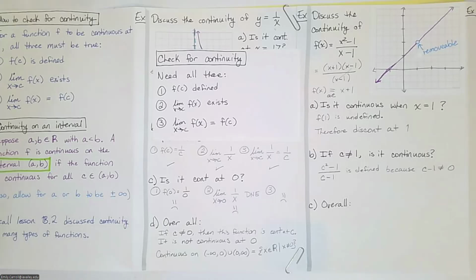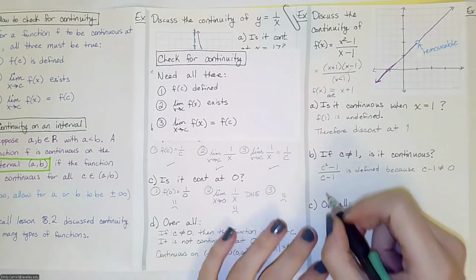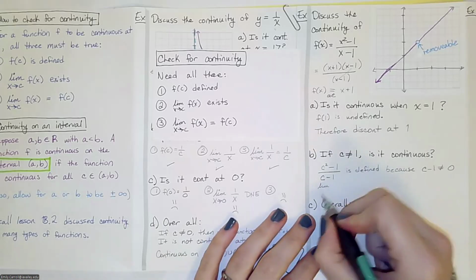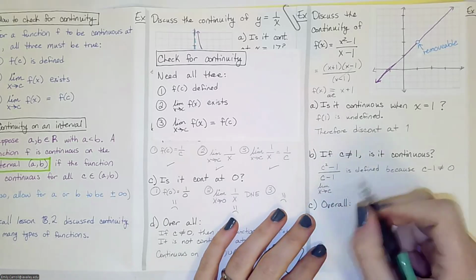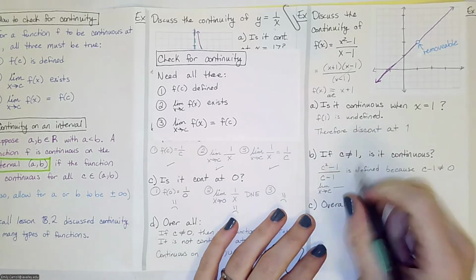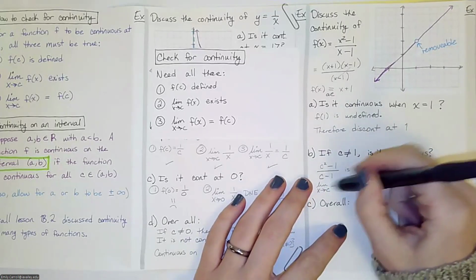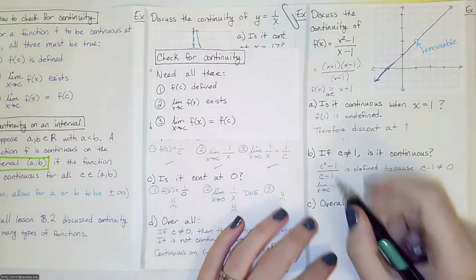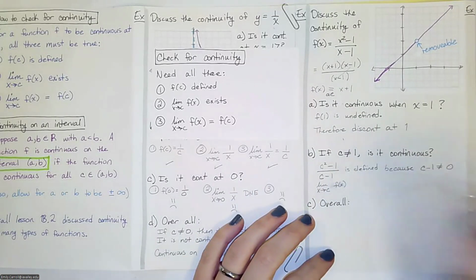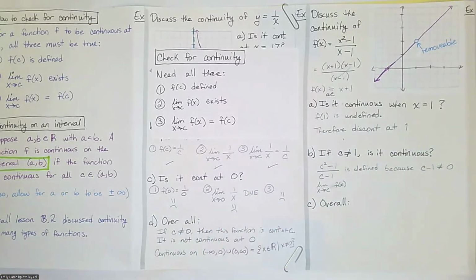Okay, so it's defined, the limit as x approaches c of f of x here. Since c is not 1, we don't have any divide by 0 funny business, and because this function is rational, that means direct substitution works and we'll agree with the function value.